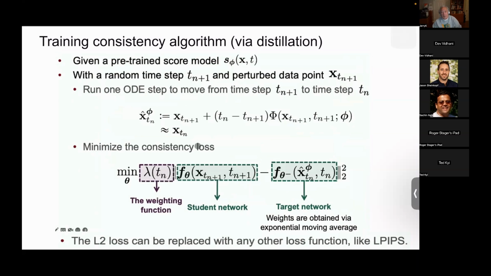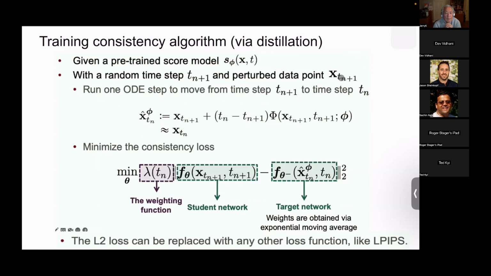And by the way, the slide you see is not what I made. I made the deck, but copied the slide from Yang Song's presentation at NeurIPS. Given a pre-trained score model for the score function based on your data and time, pick any random time step tn plus 1 and perturb the data point, and for this timestamp, get the data point xtn plus 1.